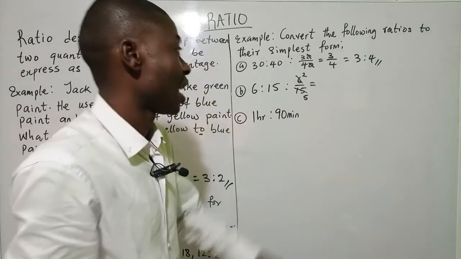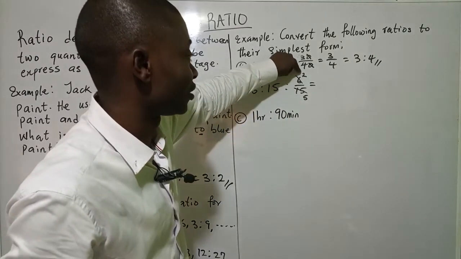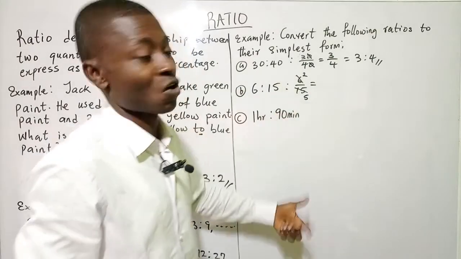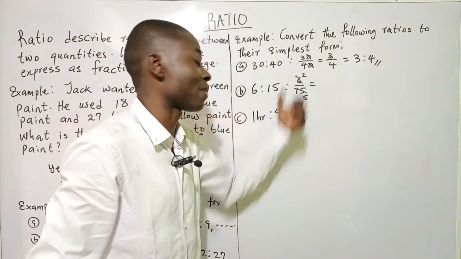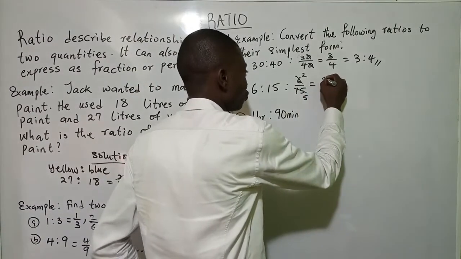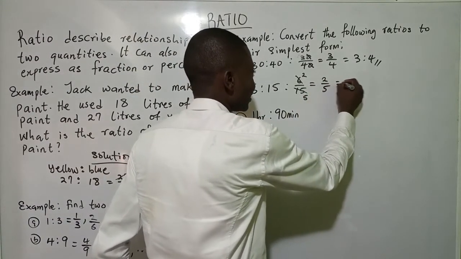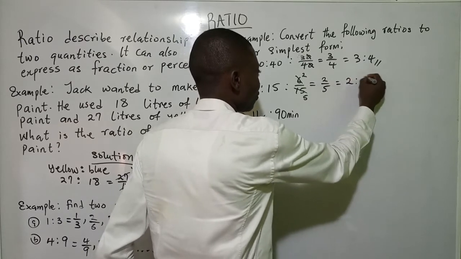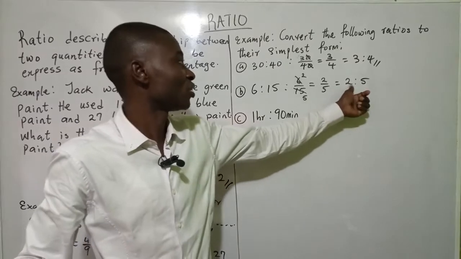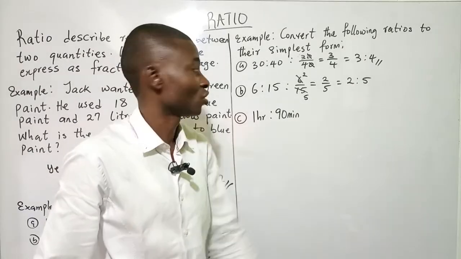You know they're asking how many 3s do I have in 6, it is 2, and how many 3s do I have in 15, it is 5. 3 is their common factor, which means 3 will divide both of them without remainder. So this gives us 2/5. So we succeeded in reducing 6/15 to its lowest term, that is 2/5.